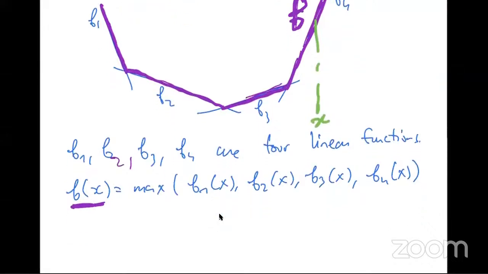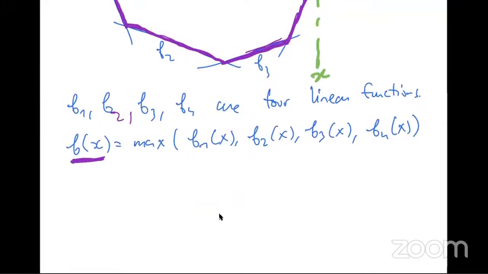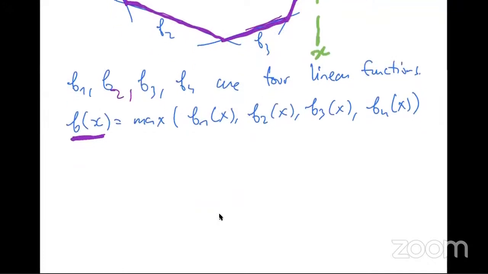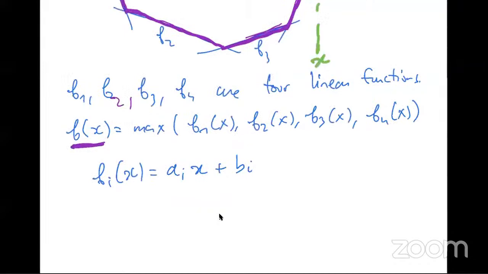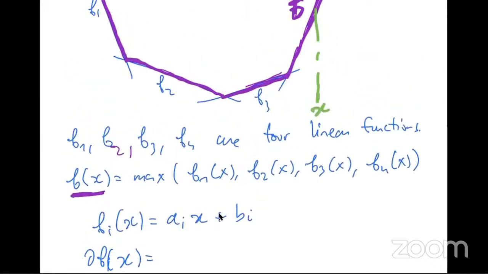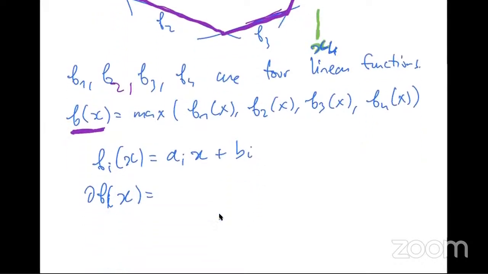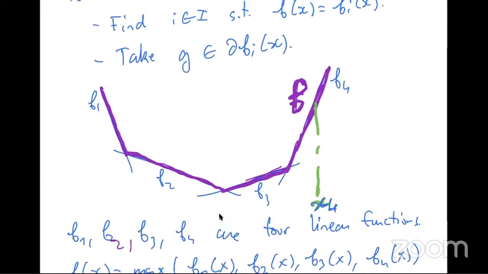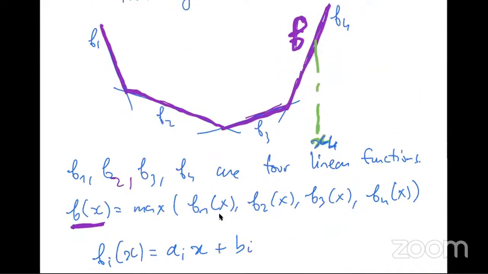Okay, so if f_i of x is equal to a_i x plus b_i, let's say, then the differential of f at this specific x, let me call it just x4, df at x4 is just going to be equal to a4, because the 4th function is really the one that is active in this region.